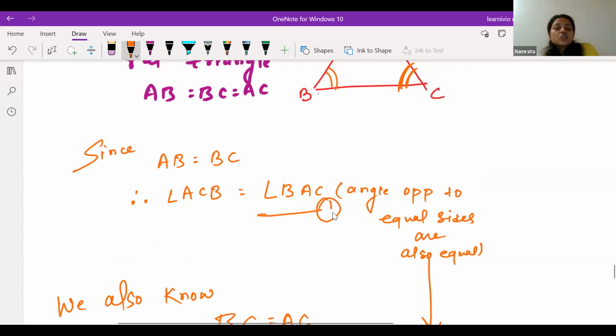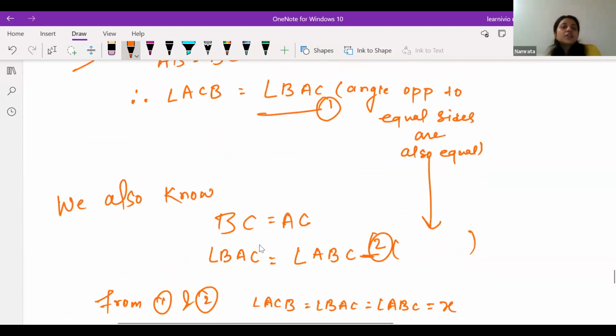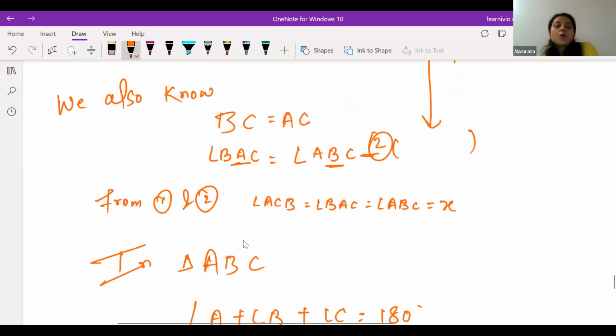Now equation 1 and equation 2 give us the liberty to say that all three angles are equal with each other: ACB, BAC, and BAC is equal to ABC. So angle C, angle A, angle B are all equal with each other. That is X, let's say.